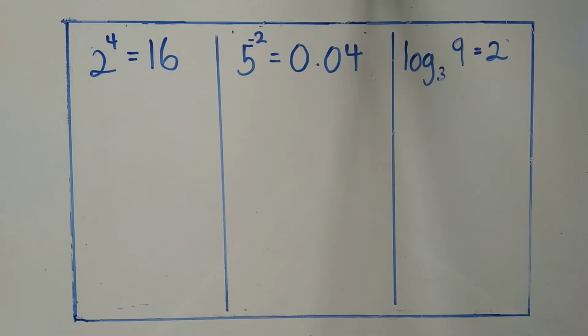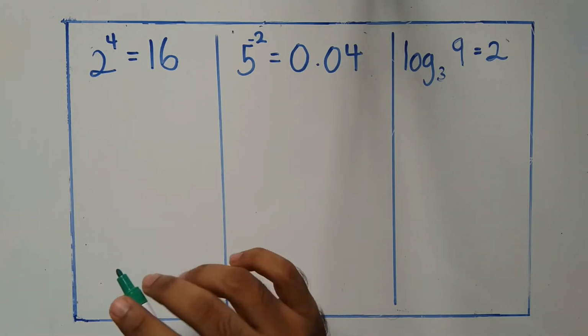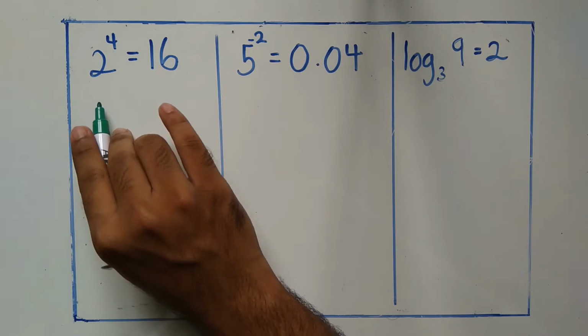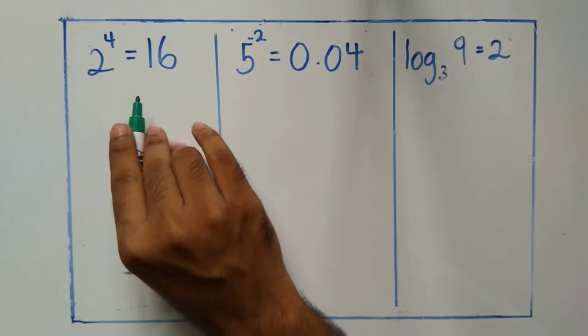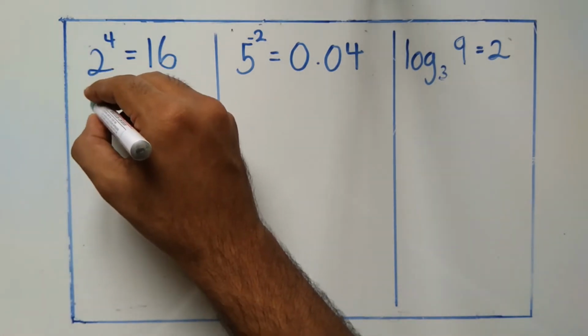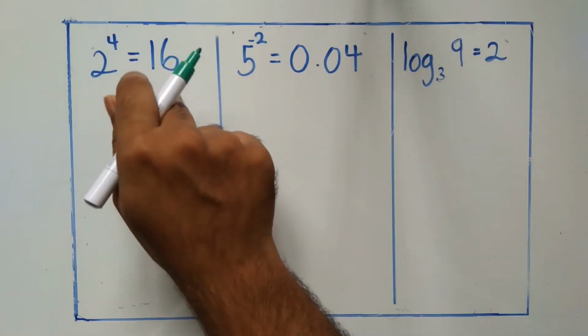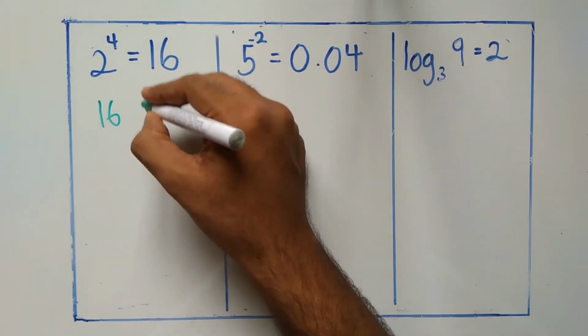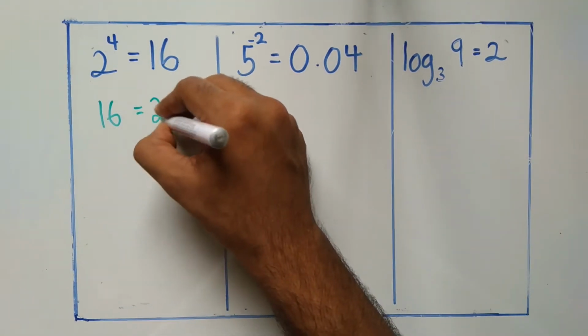Here we have three simple examples to convert from indices to logarithmic forms and vice versa. Let's start with the first question. Here we have 2 to the power 4 equals 16. What we do first is flip the equation over each other, which is 16 equals 2 to the power 4.